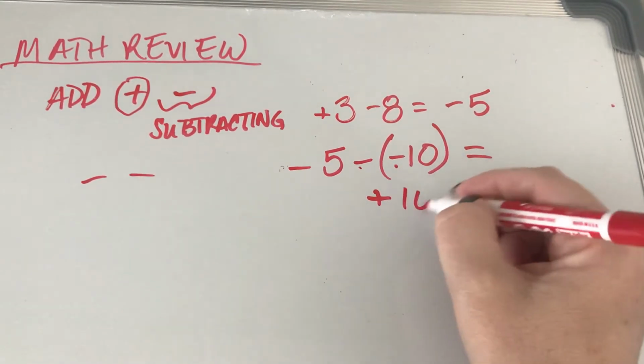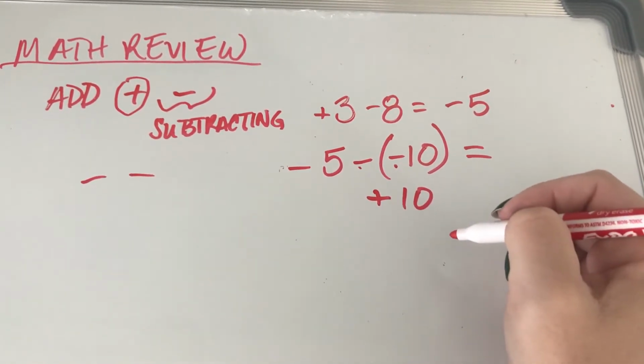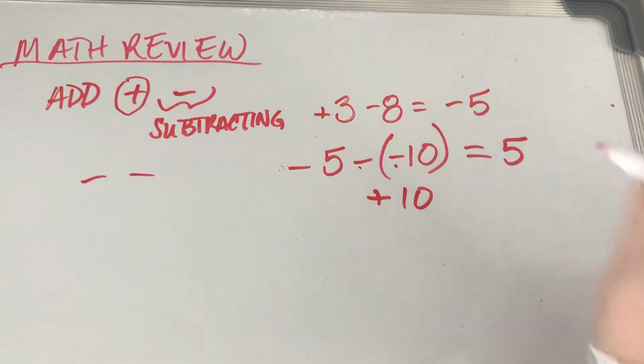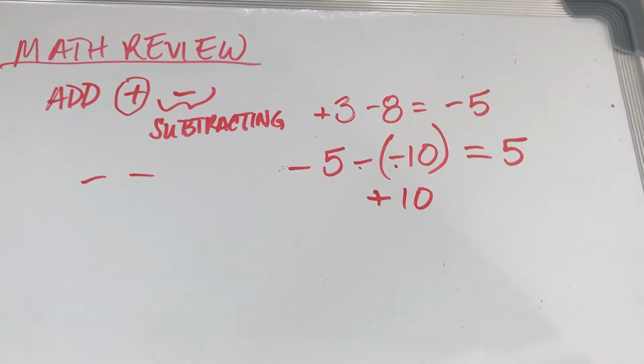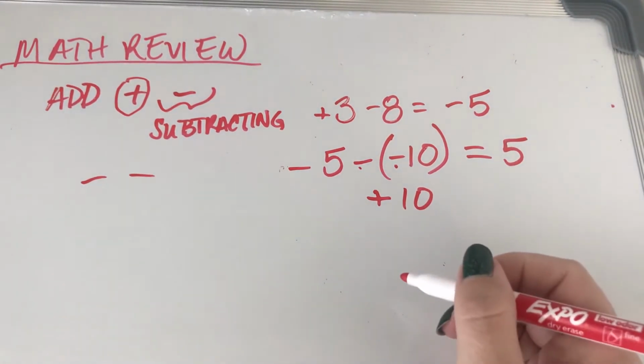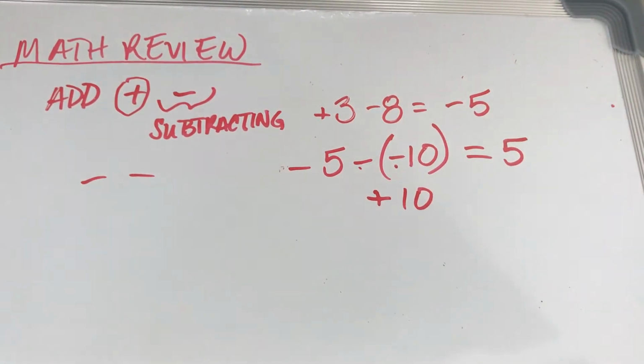So this reduces to +10, which gives us +5 here. Everybody still all right with me? Yes. Cool. That's about as much as you probably need to know. I just like to refresh everybody on these things because these are the areas where I see common mistakes happen.